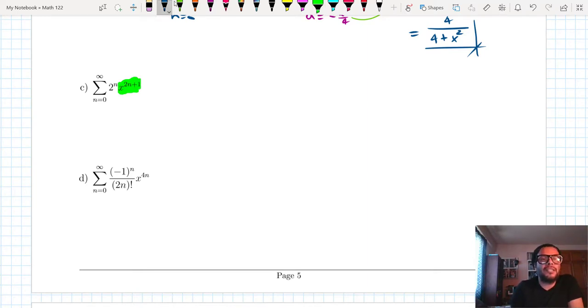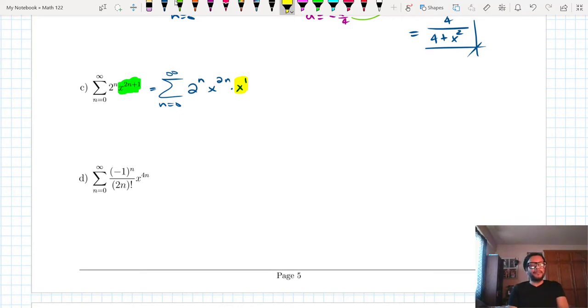I'm going to use laws of exponents backwards. Sigma n equals 0 to infinity, 2 to the n, x to the 2n times x to the first power. Then I wish I had everything in terms of the power n. So the other thing I'm going to do, just the same way we used to incorporate x's inside of the series, I'm going to do the reverse.